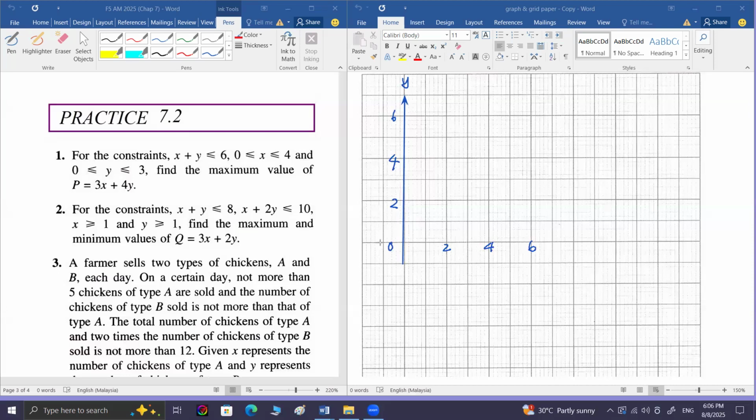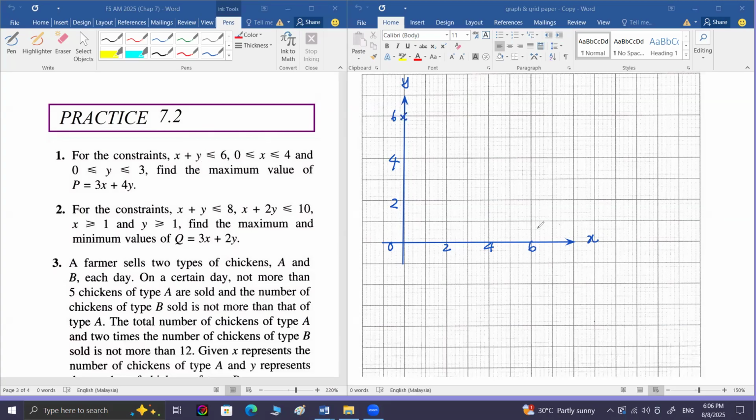Okay, so you get ready this axis first, yeah? X. Okay, so the first one, see, 6, right?